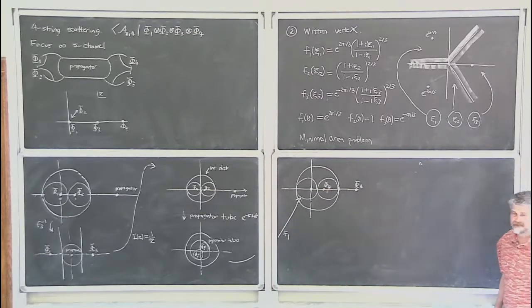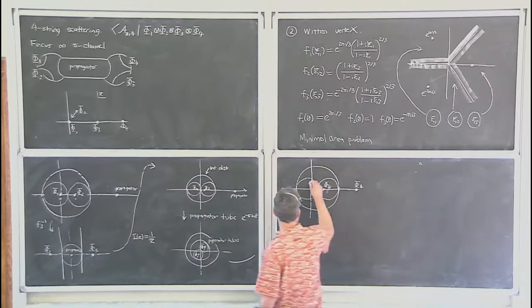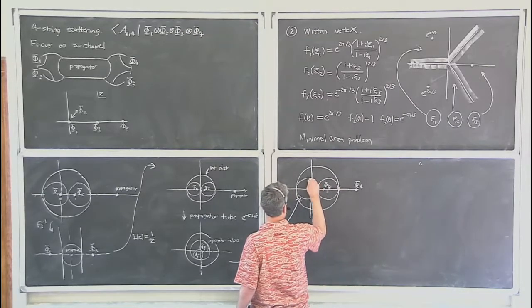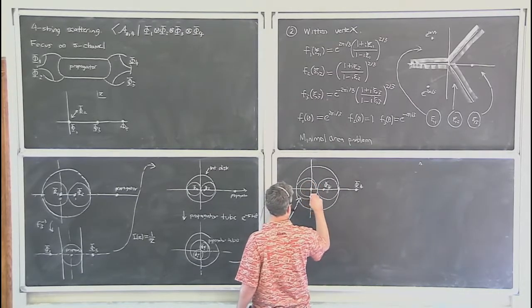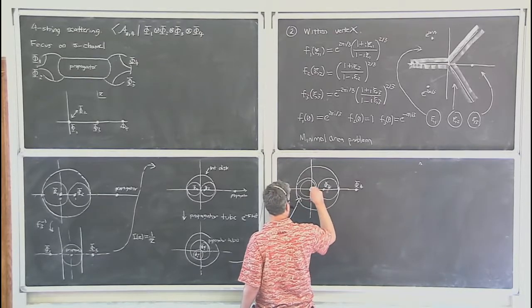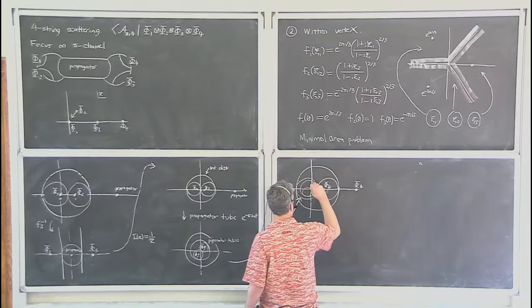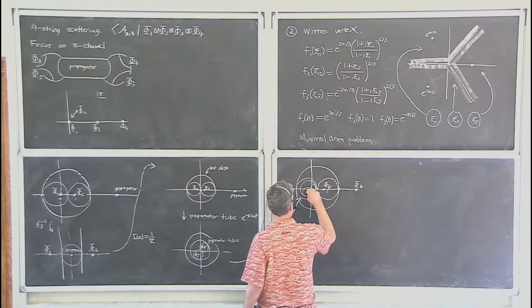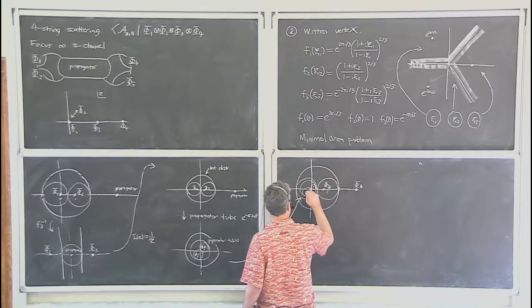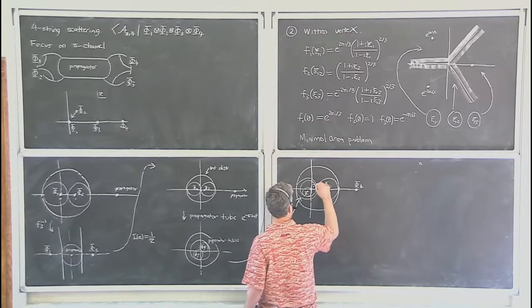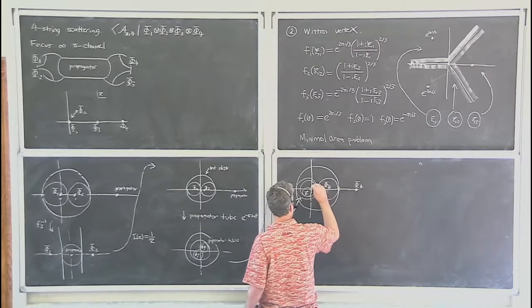And if you do that, what you will find is a picture that looks like this. Phi 4, or phi 2.